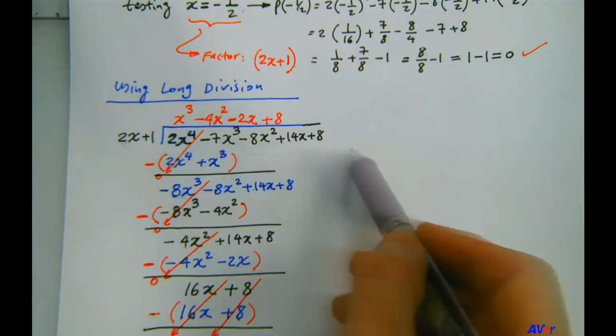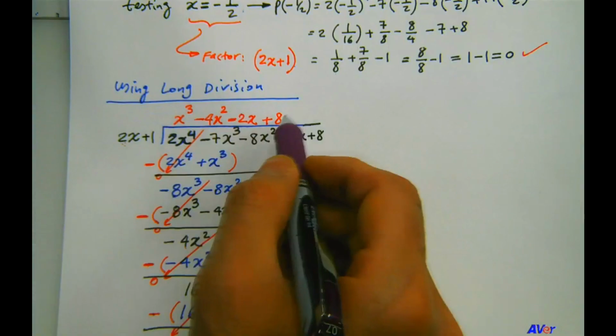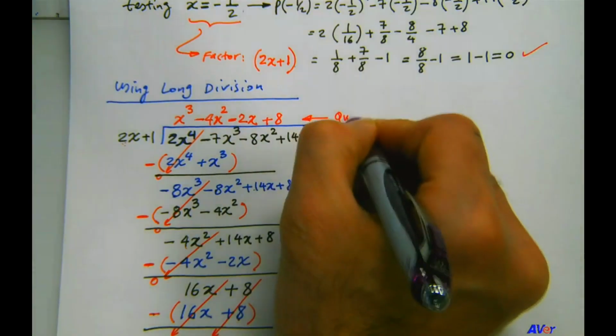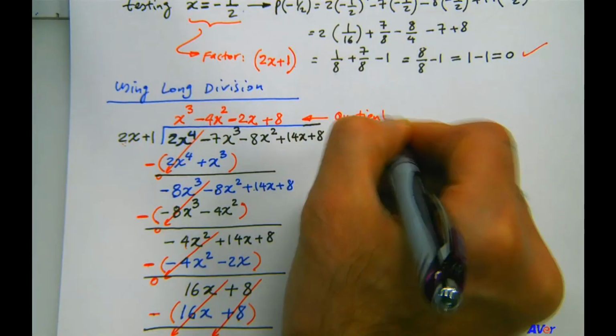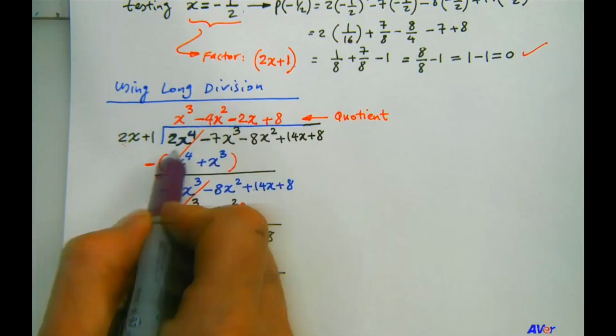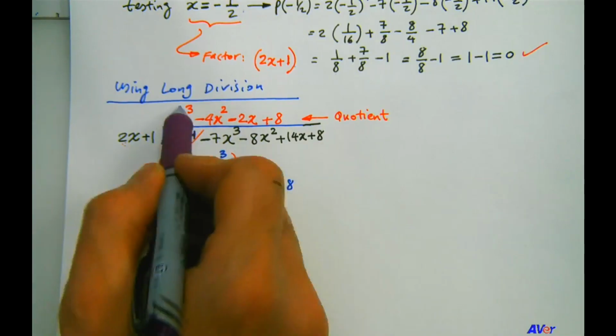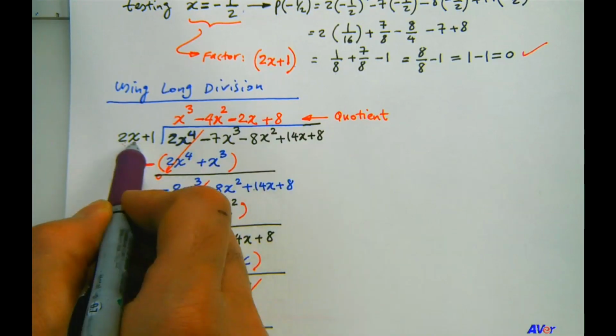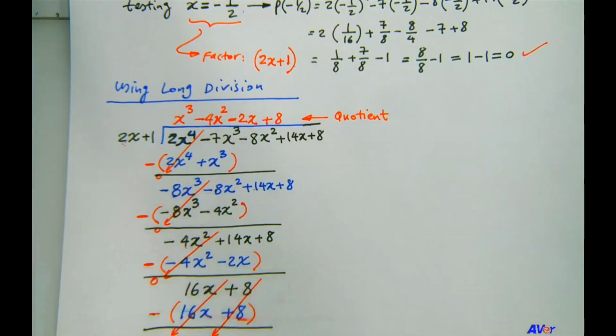of this polynomial. So now this quotient, as a whole, this whole thing is another factor of this polynomial because we know this whole quotient times 2x plus 1 will give us this polynomial. Okay, so let's write down that here.